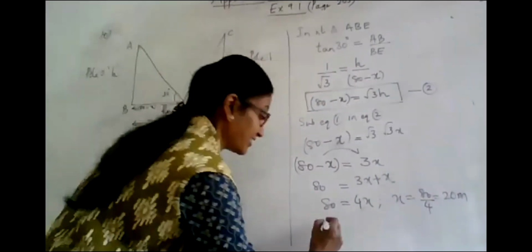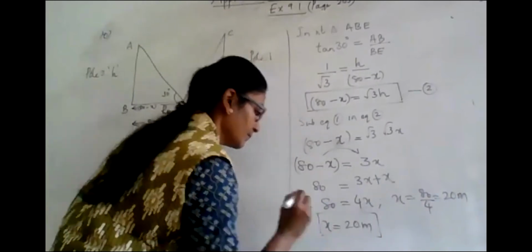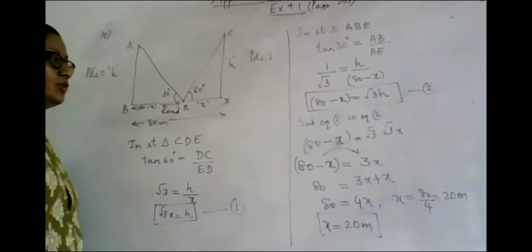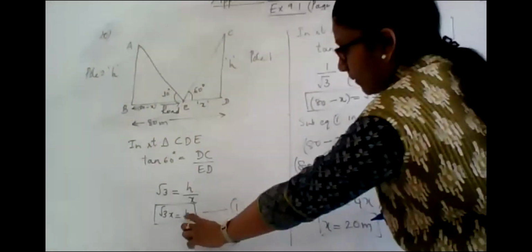You understand how that x is 20 meters now? So your x value you have got as 20 meters. You understand? So once you got the value of x, you will go back and substitute to get the value of h. So when you go back to equation 1, substitute x equals 20 in equation 1.